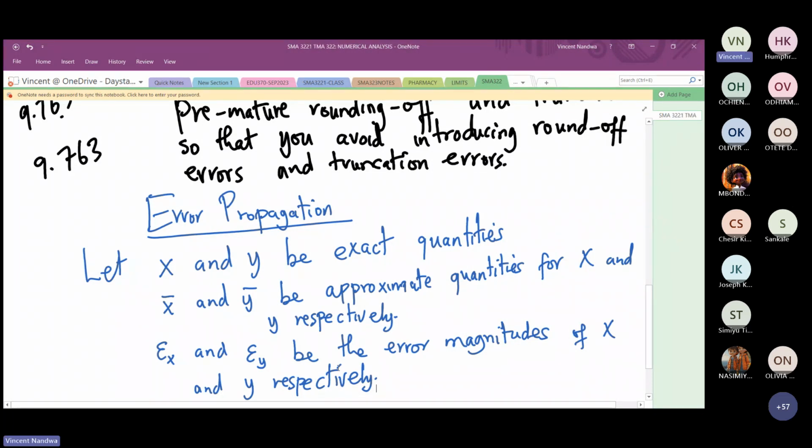So we are taking the trend that exact quantities, we write the letters without bars, then approximate quantities, we put bars on the letters. And we use epsilon sub X and epsilon sub Y to represent error magnitudes in the two quantities X and Y.